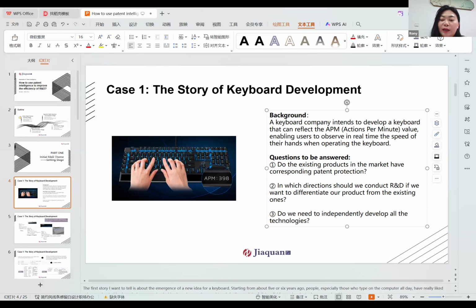You mean how to use the citation frequency as the basis to do the patent analysis? Yes. In what way?